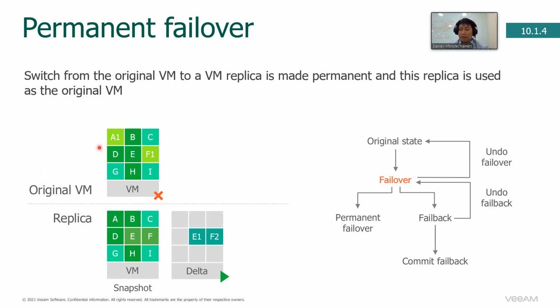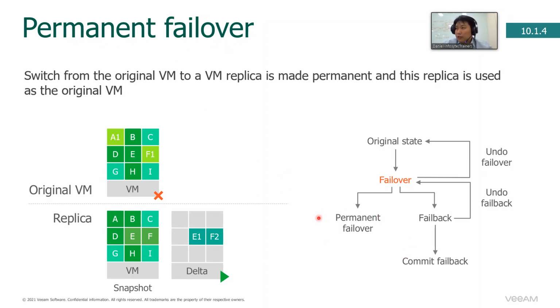If the original VM, due to hardware failure, needs more parts to fix and needs a longer time before it can come online, then we need to select another next step called permanent failover.